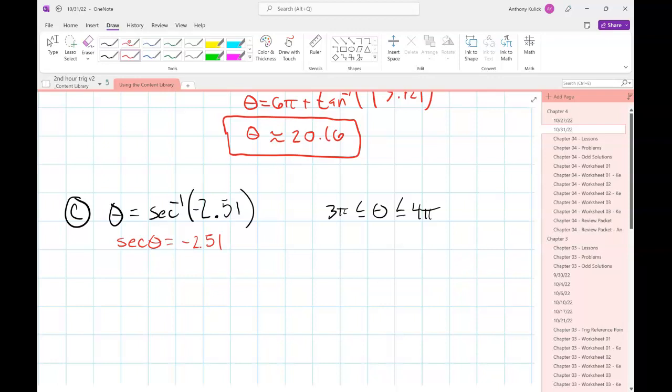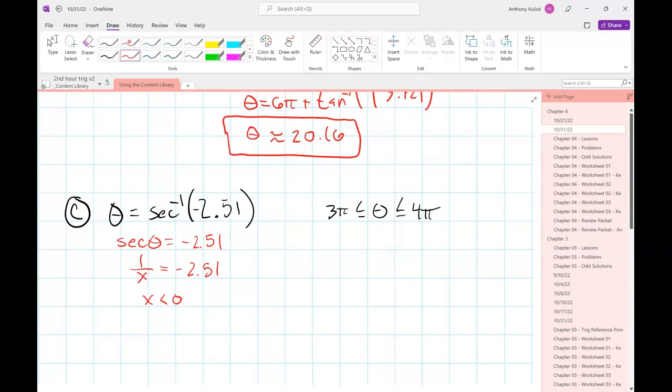Do you remember what secant is on the unit circle? Okay, 1 over x. So if 1 over x is giving me a negative value, what does x have to be? Negative.